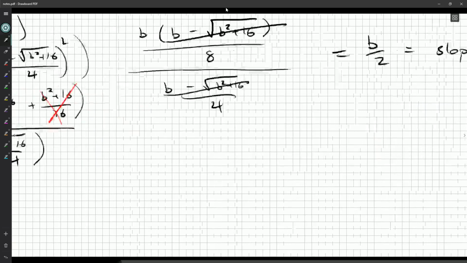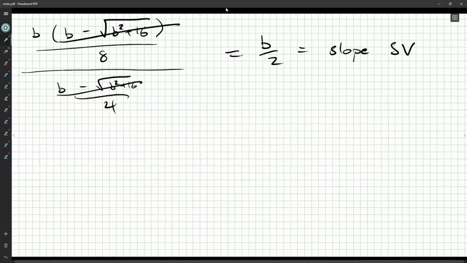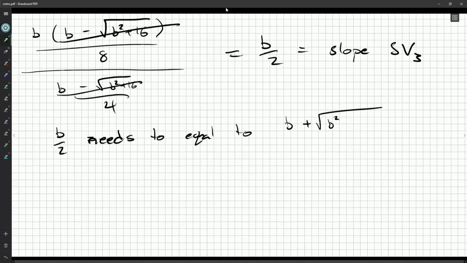So that needs to be the slope of the third side. Okay, so b over 2 needs to be equal to b plus square root of b squared plus 16 all over 4.